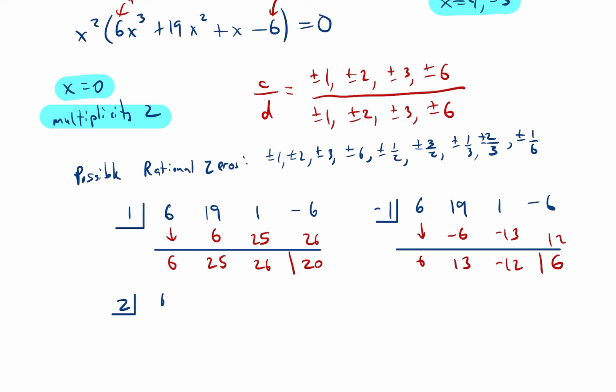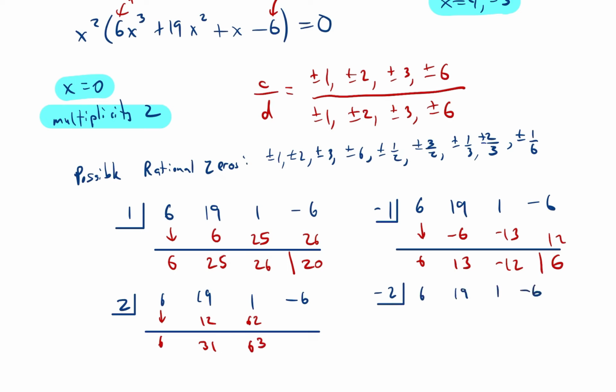Okay, so let's try 2. So 2 would be 12. That's going to be 31. Multiply is 62, 63. Multiply, that's definitely not going to be 0.